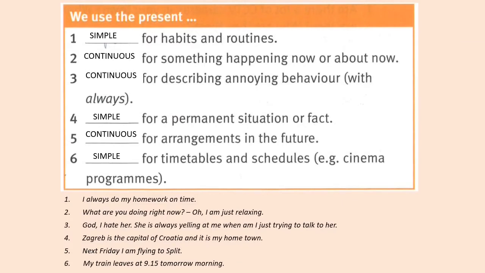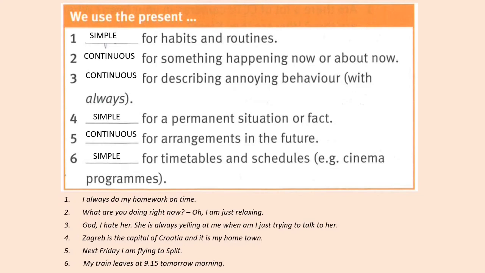In this short table, you can see a few rules regarding the present tenses and what they are used for. So the present simple is used for habits and routines, for permanent situations or facts, and for timetables and schedules.